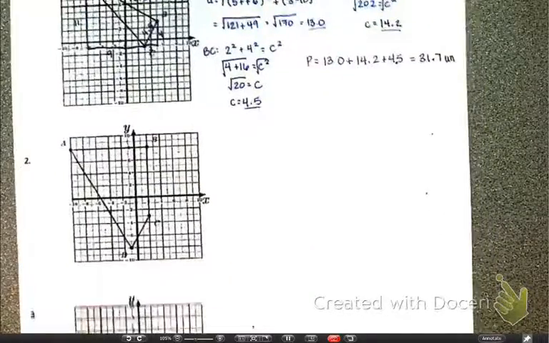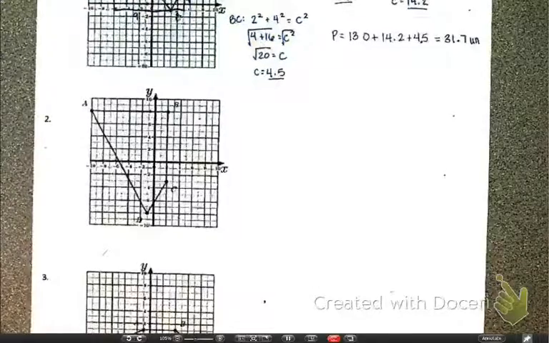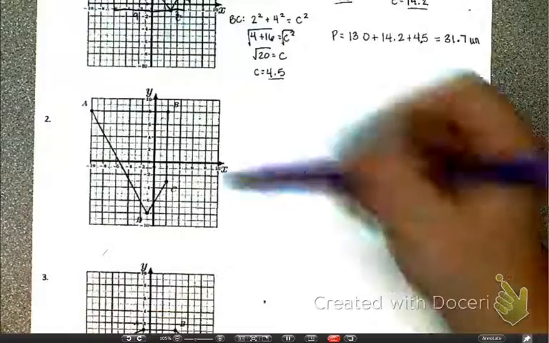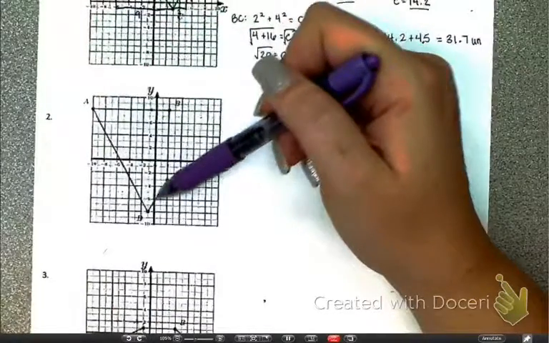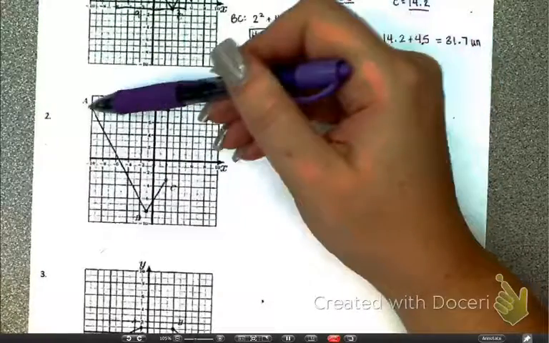So do you notice anything about number 2 that's going to be super nice for us when it comes to finding side lengths? So I have a quadrilateral. Do you notice anything really nice about any side lengths?